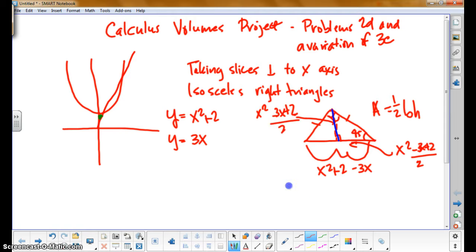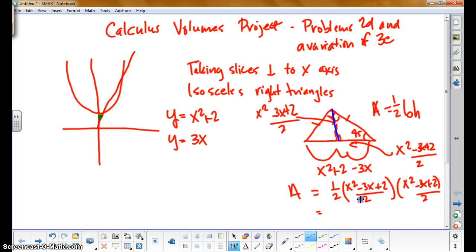So the area of this isosceles right triangle is 1/2 times the base, which is x squared minus 3x plus 2 over 2, times the height, which is also x squared minus 3x plus 2 over 2.